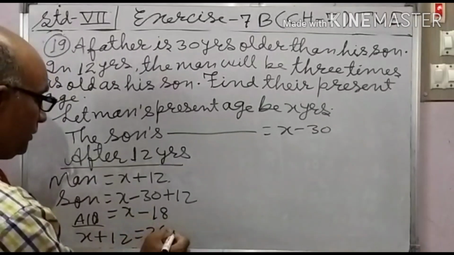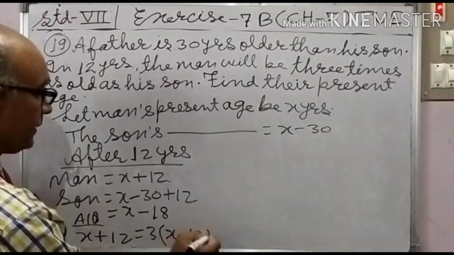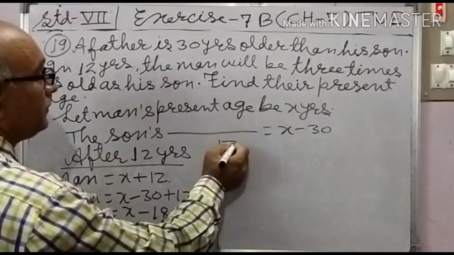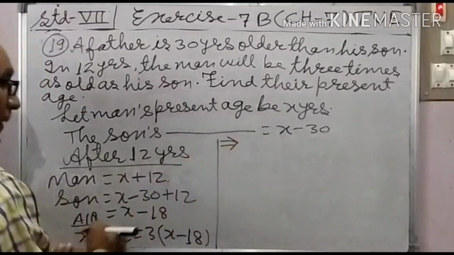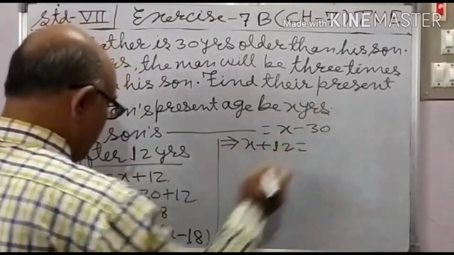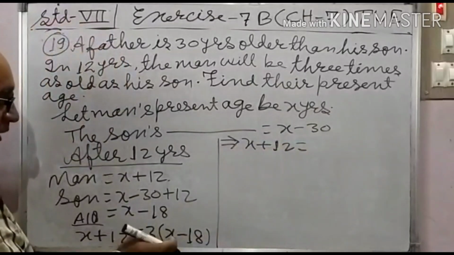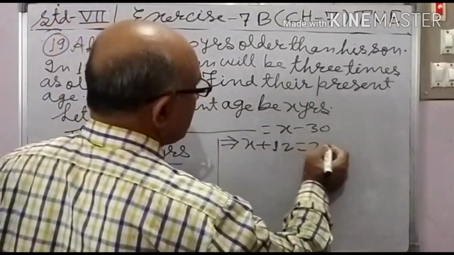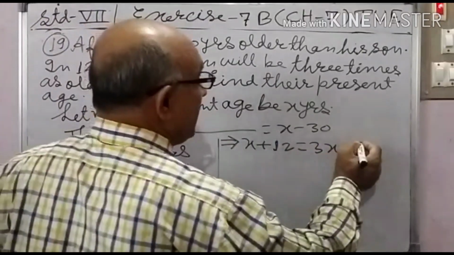So 3 into x minus 18. Now x plus 12 equals, removing the bracket, 3x minus 54.